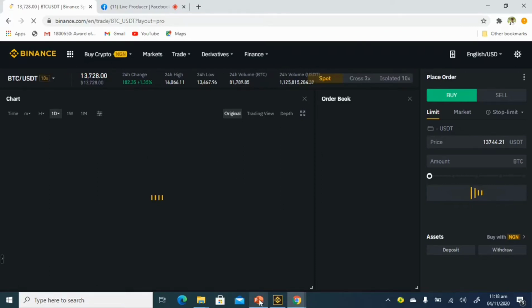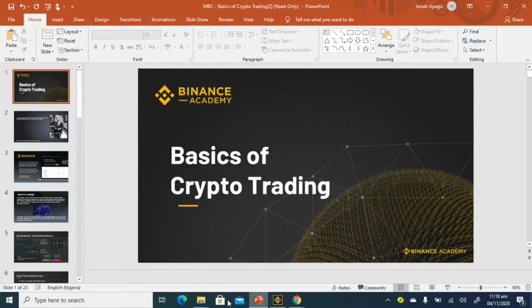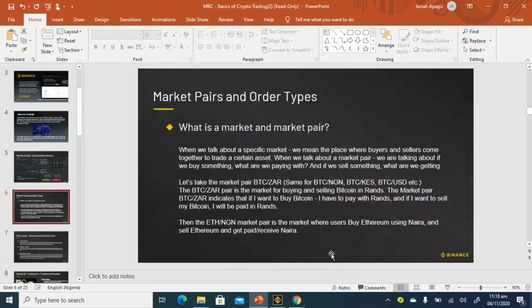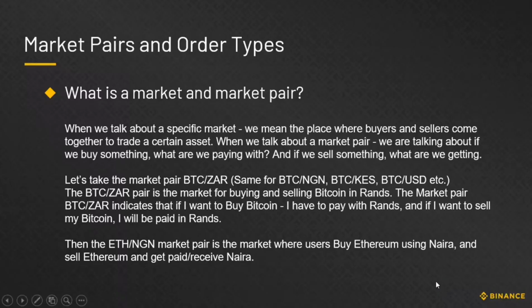Okay, before this finishes loading, let me just explain the market, what a market is and what a market pair is. When we talk about a specific market, we mean places where buyers and sellers come together to trade certain assets.